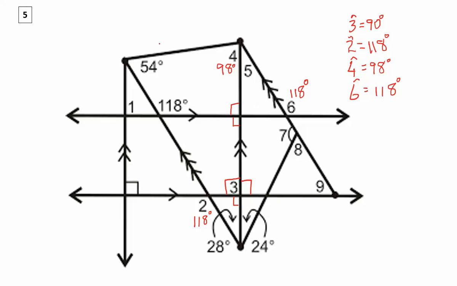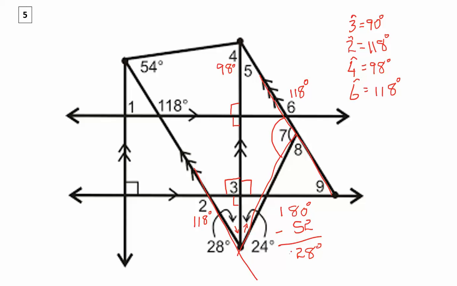Aha, if we look at this, we've got our parallel lines over here, and there is our other line going through it. So in other words, angle 7 plus these two angles should give me 180 degrees because they are co-interior angles. So I've got 28 and 24, which gives me 52 degrees. So 180 degrees, which is what my co-interior angles add up to, minus my 52 should give me 28.